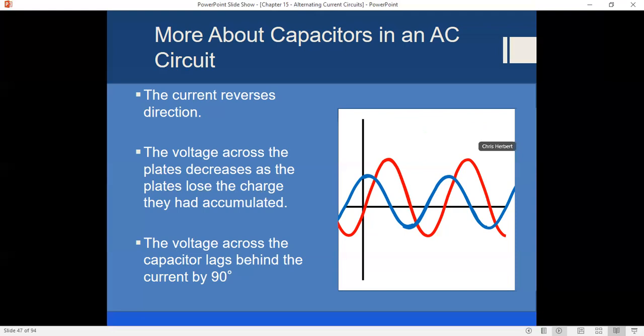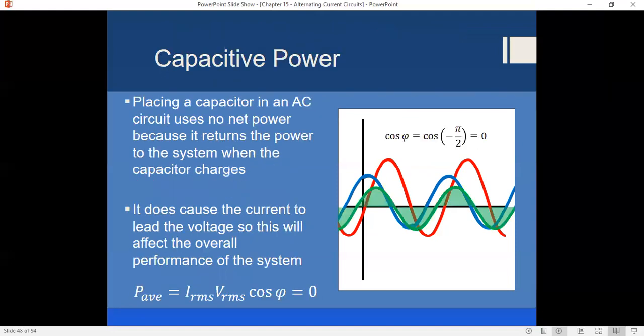Okay, so I take the product of these two, and for a capacitor, I note that the voltage lags the current by 90 degrees. So if I multiply these two functions together, what I get is this green function. And this is really, really important. Notice here that sometimes the power is positive, so the area is positive, and sometimes the power is negative.